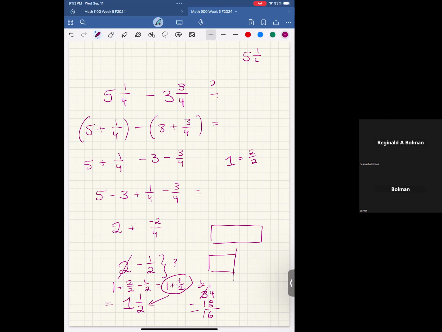So if you do 5 and 1/4 minus 3 and 3/4, and you just look at it as column-wise subtraction, just as though we were subtracting 18 from 34, then what's happening here is you've got a 5 minus 3, which gives you a 2. However, because in this row, you've got 1/4 minus 3/4, before you can do that subtraction operation in the second column, it's almost like you've got to borrow a 1 from the 5.